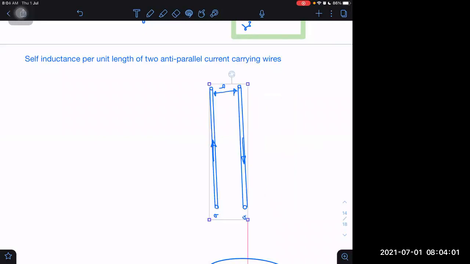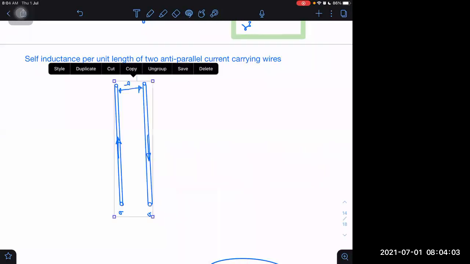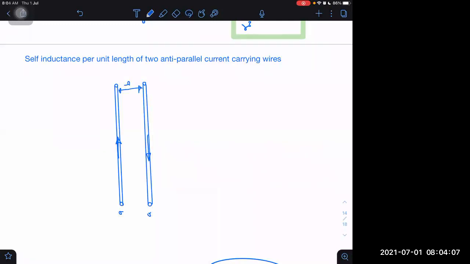This also we can put here. And what is happening first? I have to take flux due to one wire at a time. And I'll try to make the wire a little bigger for clarity.